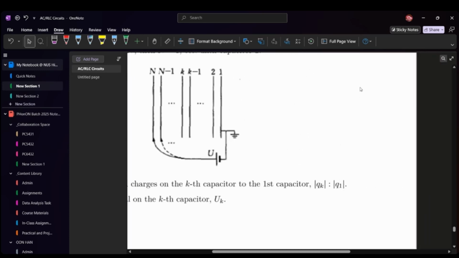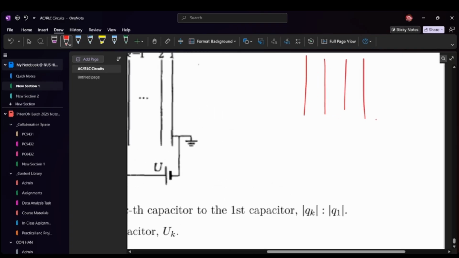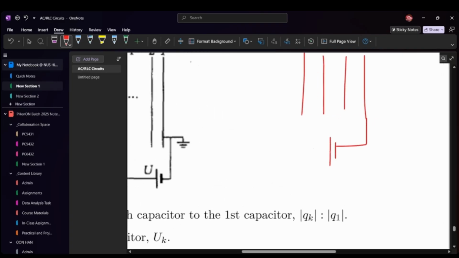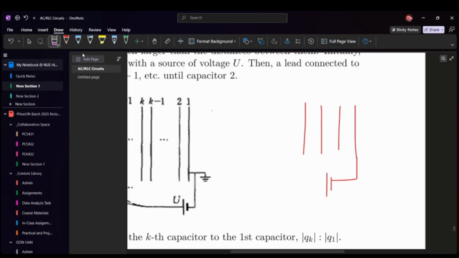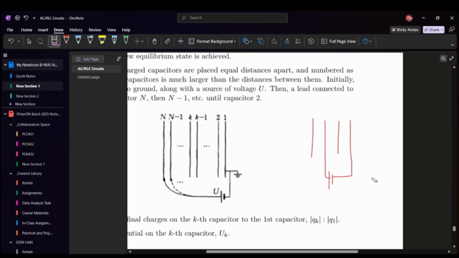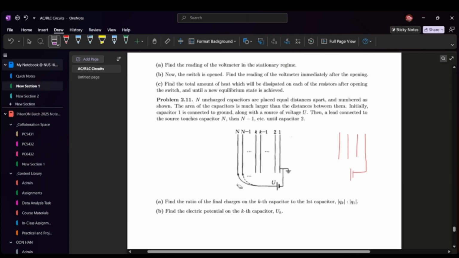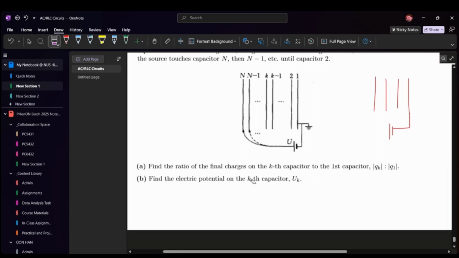So basically, let's say we have 4. Initially we connected like this. We let it settle, then we disconnect it. We connect it like this. We let it settle. We disconnect, and so on.